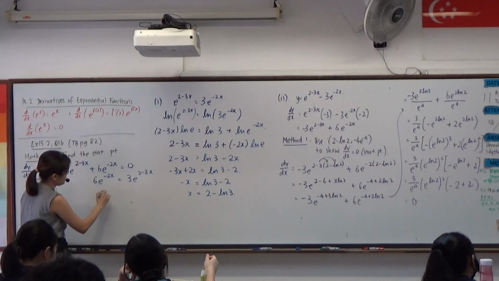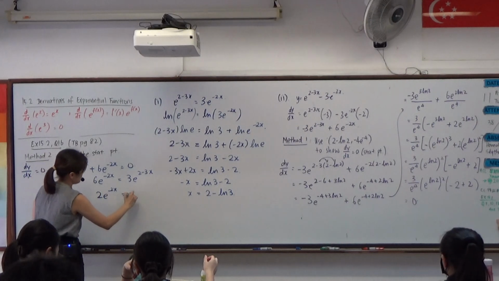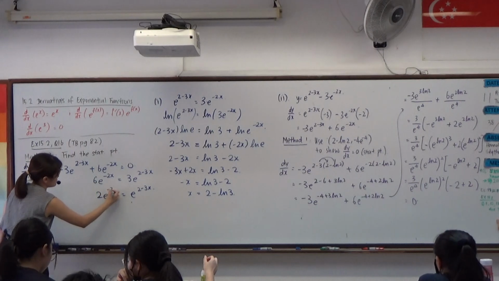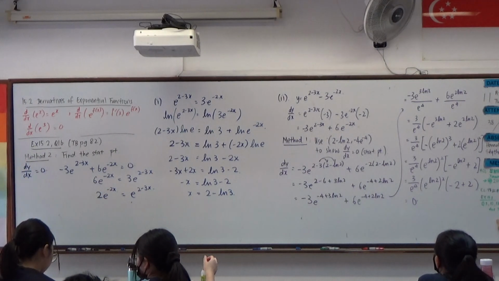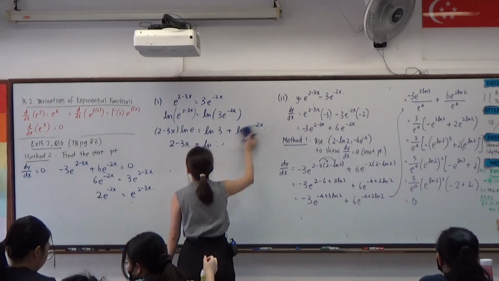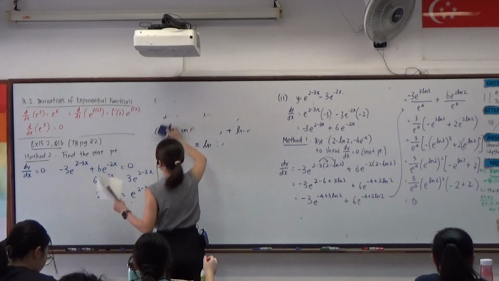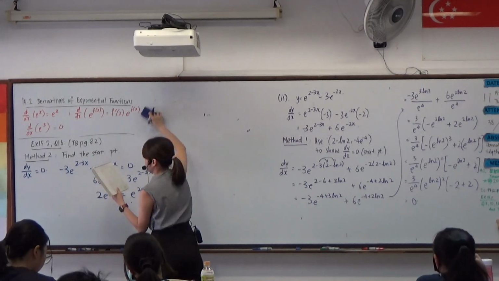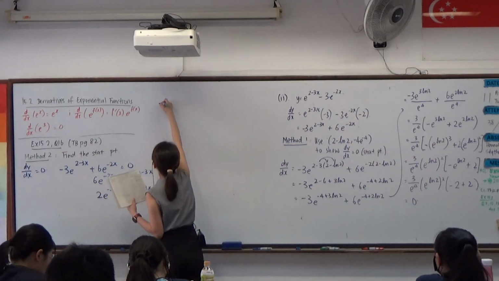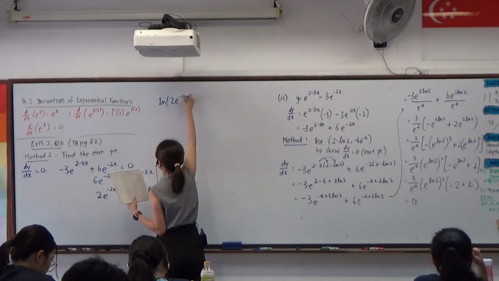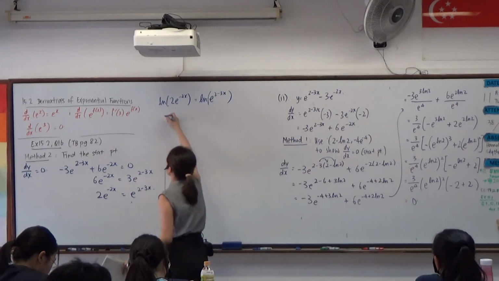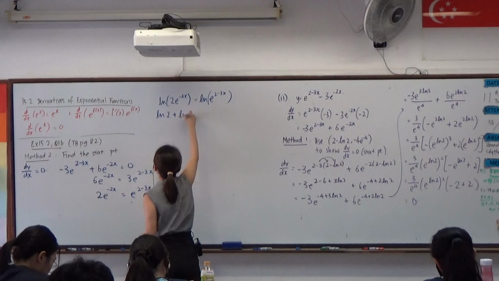So you can divide by 3. And then we arrive at this. Okay? Then now we go about applying logarithm on both sides, and then we apply our logarithm laws.